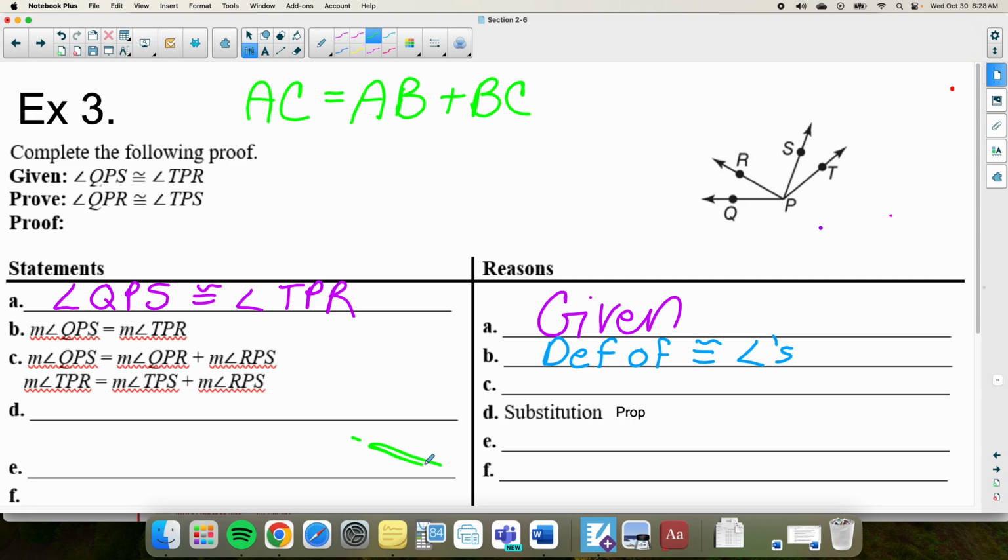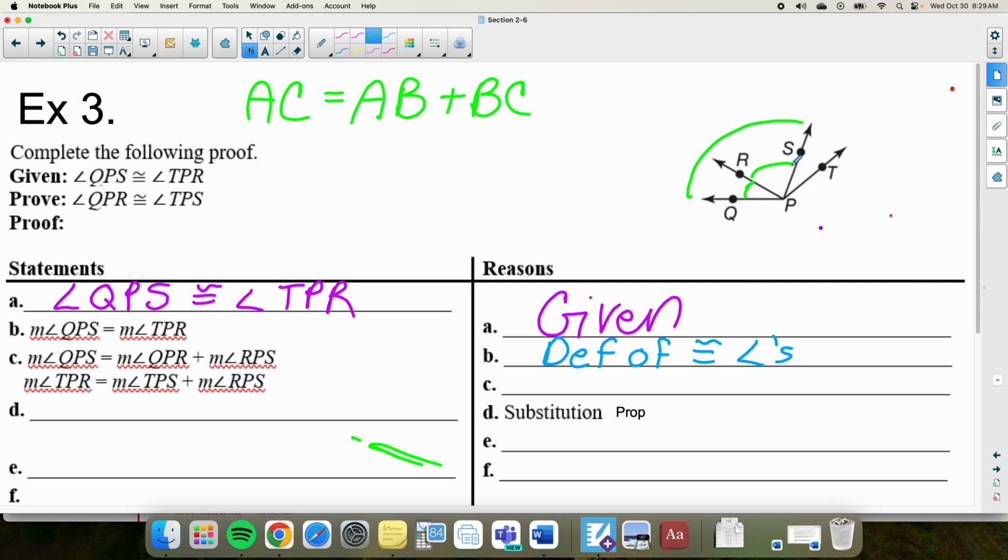That's when we look at this diagram and see if they split an angle into parts. You can do that anytime you have an angle that has two angles as a part of it. So what they did in this first one is they said measure of angle QPS equals the measure of angle QPR plus the measure of angle RPS.